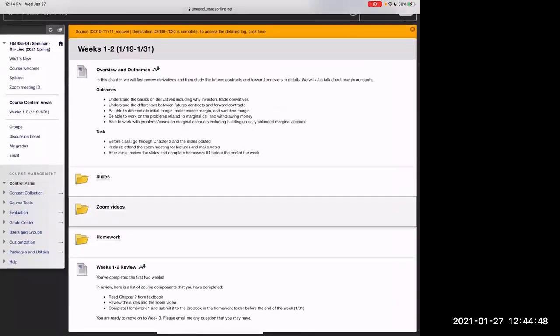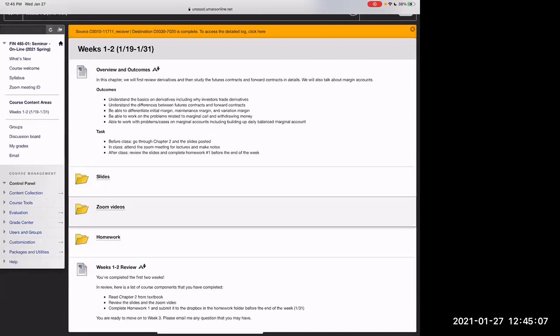So the bottom part shows the review for the first 2 weeks. Here is the list of course components that you have to complete. You should read the book. You should review the slides and the Zoom video. You should complete homework number 1. Submit it to the Dropbox.